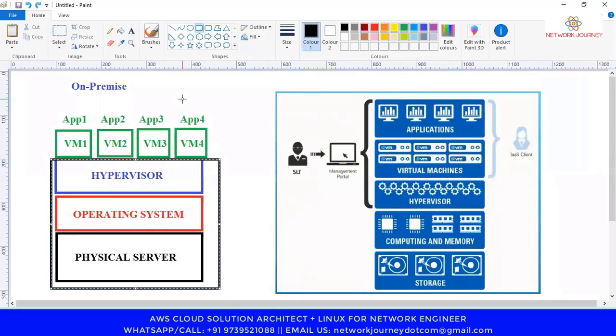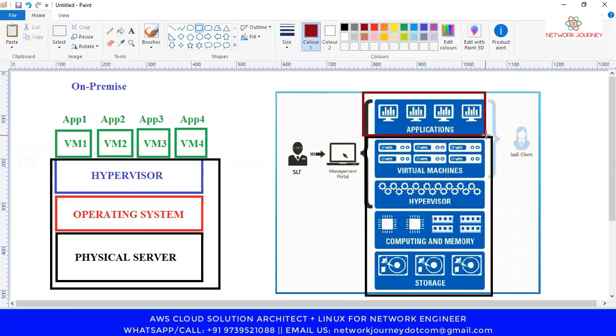This entire part up to here is given by the cloud service provider. They can only concentrate on building the applications, so they will take care of only the application. That is called platform as a service.